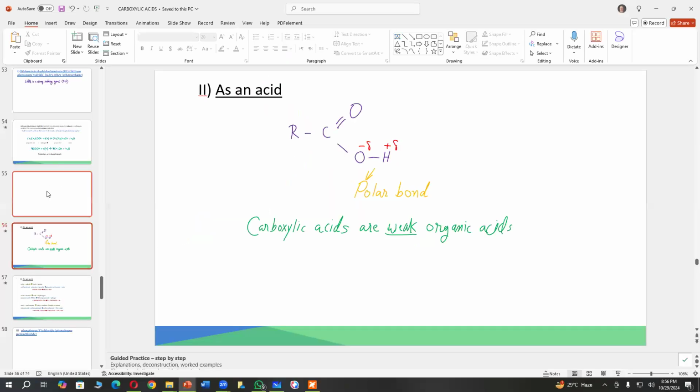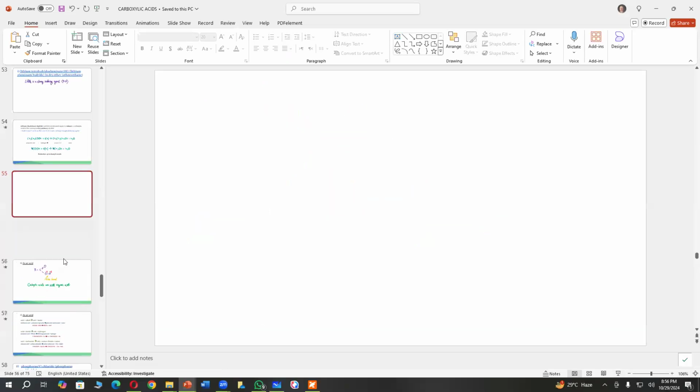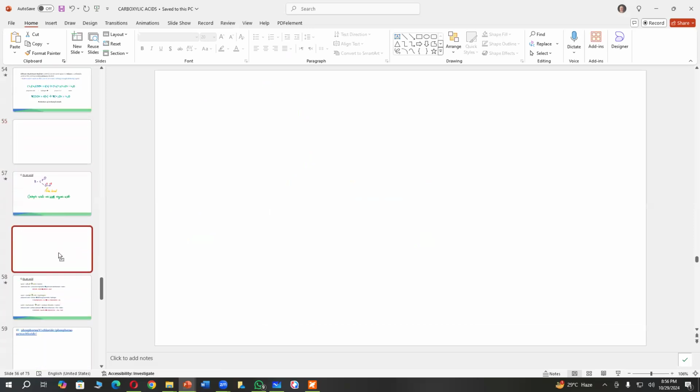This is the source of the discussion on how carboxylic acid will behave as an acid. Carboxylic acids are weak organic acids, but by definition, what are acids?